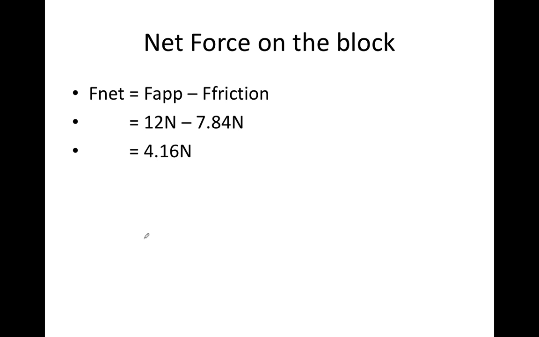The general formula for F net is the sum of all forces. This symbol here means sum. And usually what that means is you're adding all the forces together. So F applied plus F friction. But in this case, since F friction is negative, you're subtracting the forces. And it becomes 4.16 newtons.